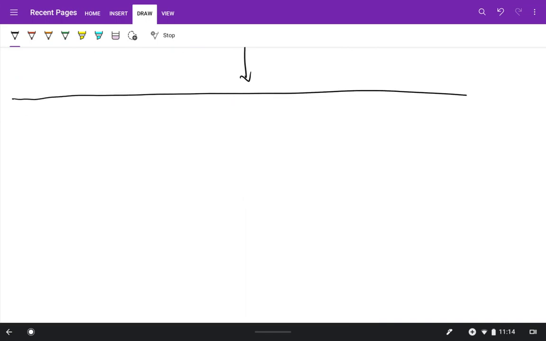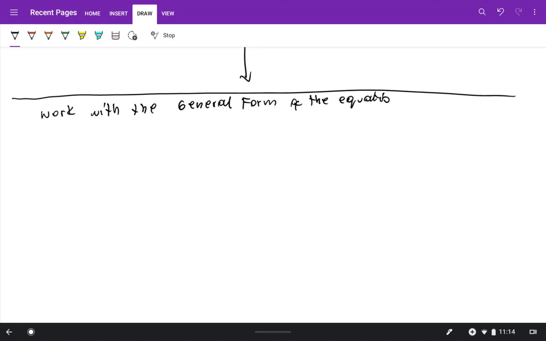So the next objective is work with the general form of the equation of the circle. So let me give you the general form.